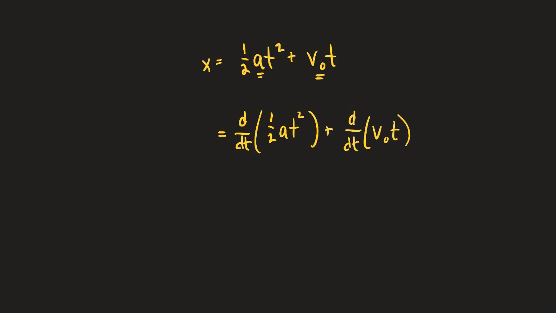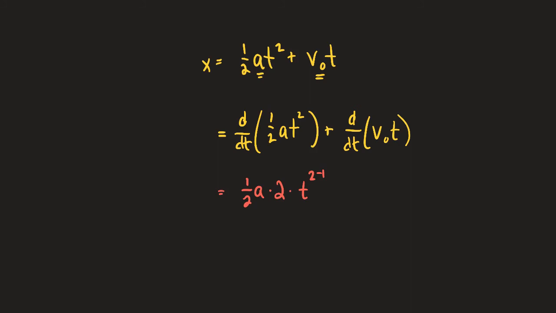The bottom variable in my derivative tells you which thing is the variable, and everything else there is a constant. So when I'm taking the derivative with respect to t of 1/2 at squared, the 1/2 and a are just numbers. They're the coefficient. Bring down my exponent, 2, and then multiply by t to the 2 minus 1. That's the derivative of the first term.